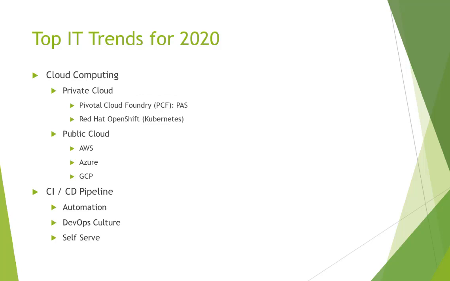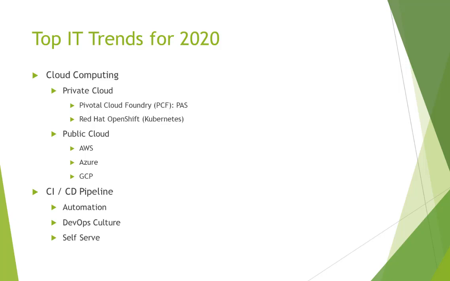On the cloud computing side, most enterprises, bigger enterprises, are afraid of their data security, so they leverage the private cloud. For that, the private clouds are PCF, Pivotal Cloud Foundry, and also Red Hat OpenShift using Kubernetes.